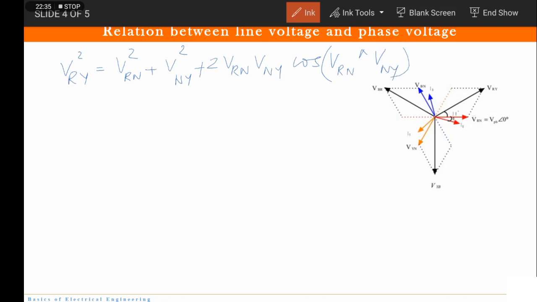Okay, correct. So what is the angle? 60 degrees. I just told you that this angle is nothing but 60 degrees. So we shall be putting the values. Cos 60.